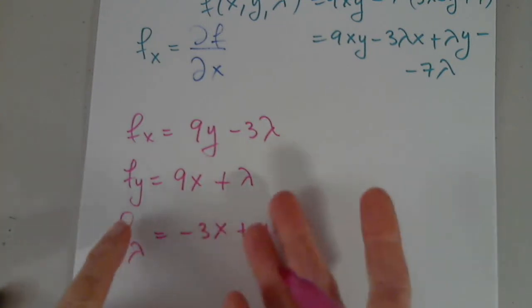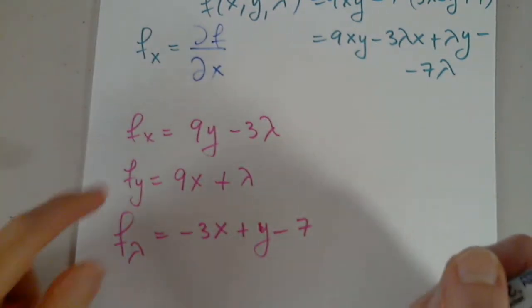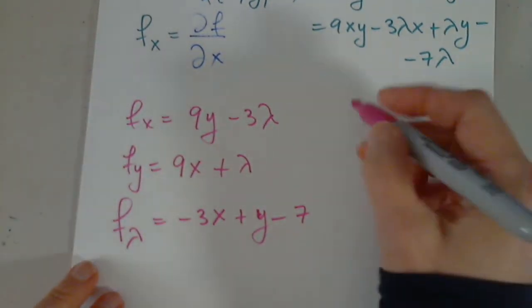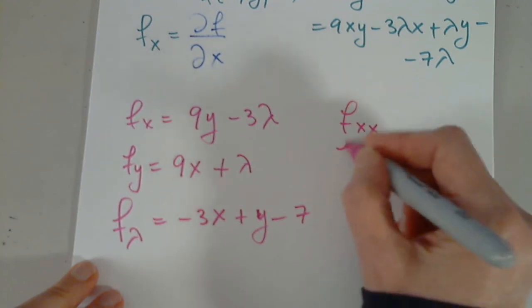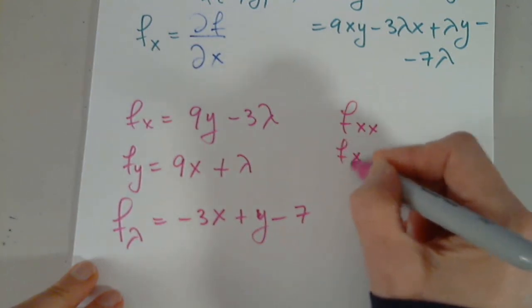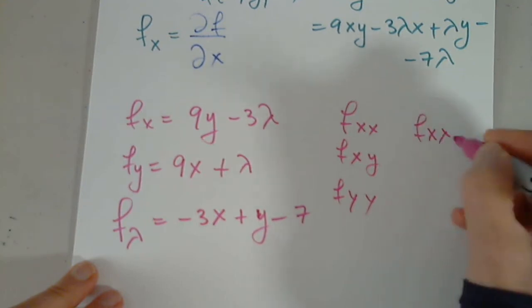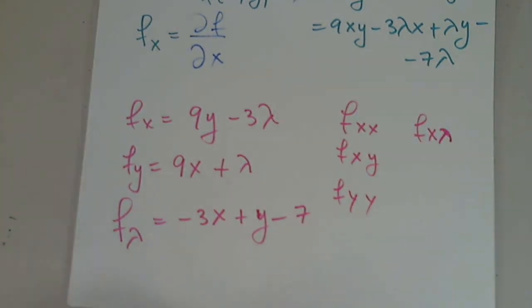Of course, we can continue. Tell me which other combo you want to determine. You can say fxx, you can say fxy, you can say fyy, you can say fx lambda. We're not asked to do that, but since we are here, let's determine one second order partial derivative.